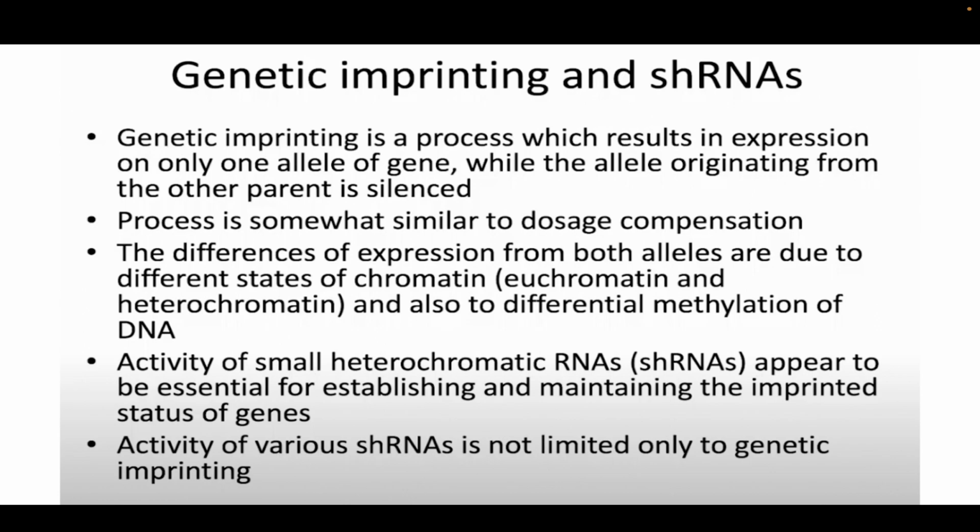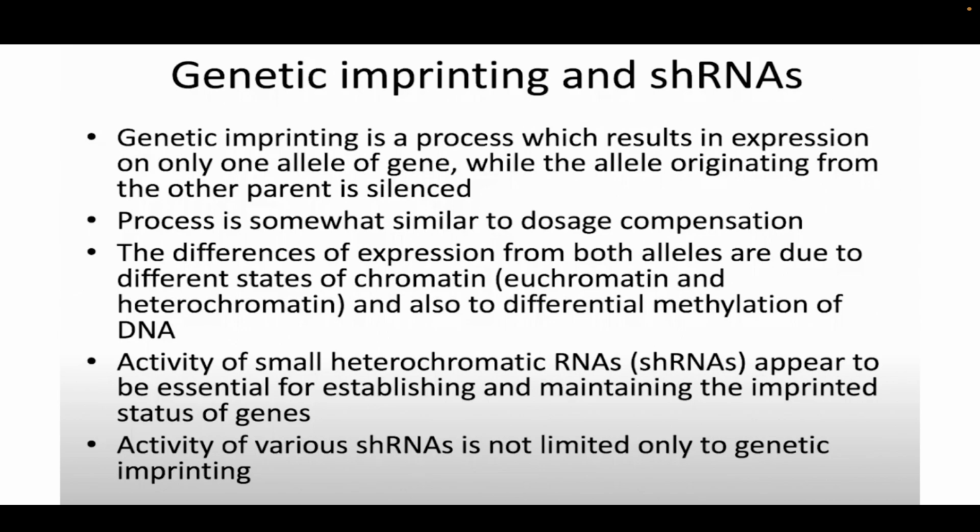So first of all, let's discuss the things we discussed in the last session. It will help us to understand the non-coding RNA related modifications and issues better. So last class we discussed genetic imprinting. So what is imprinting? We can basically call it a gene silencing process.